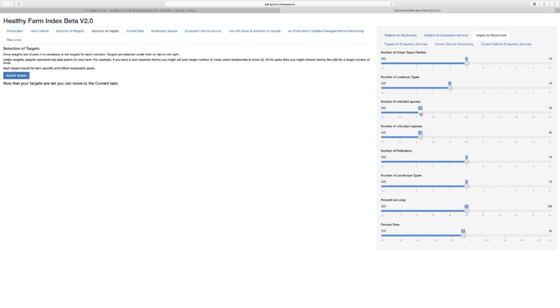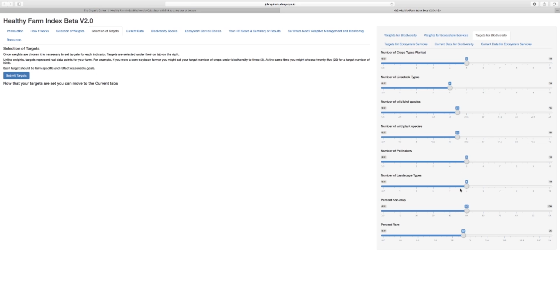Here, how many bird species can you identify on your land? We'll say you can identify 5 now, and you would like to be up to 20. Plants, you would also like to be near 20.